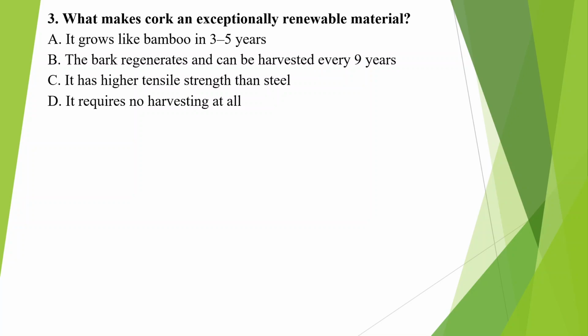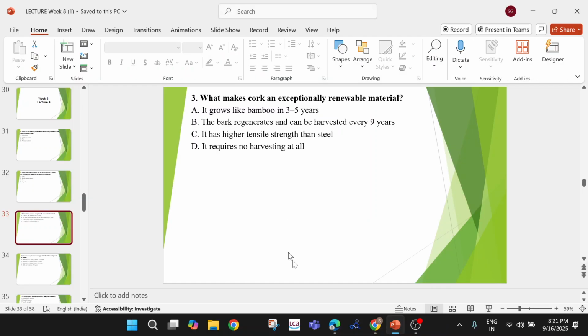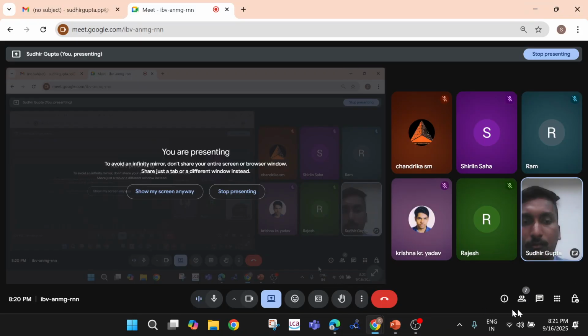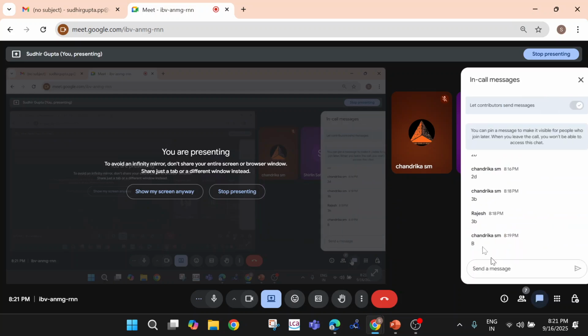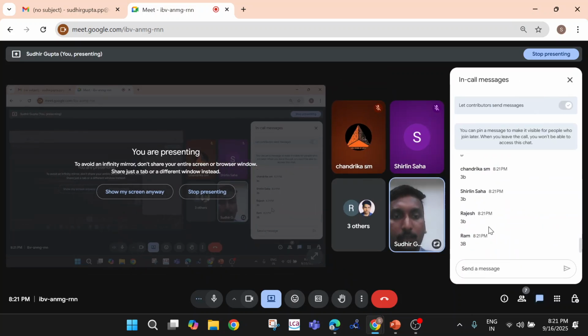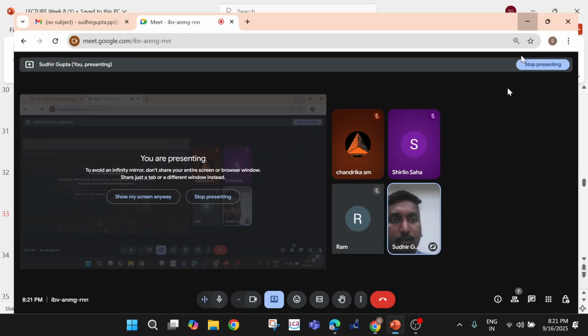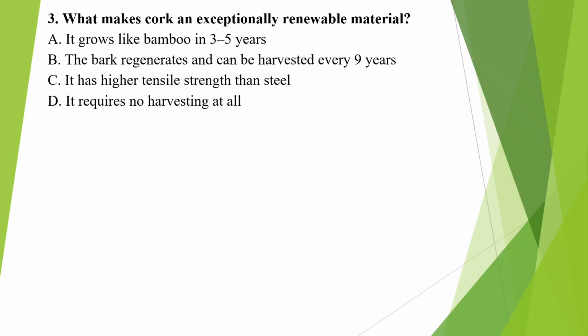Let me see how many of you have already answered this question. As I can see, for this particular sample problem, B. Chandrika was the first to answer, and others have also given their answers as B. So B is the correct answer.